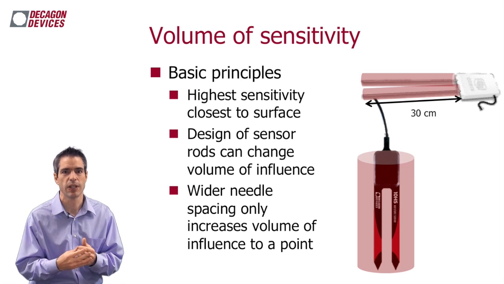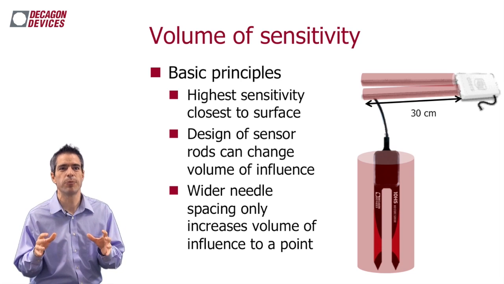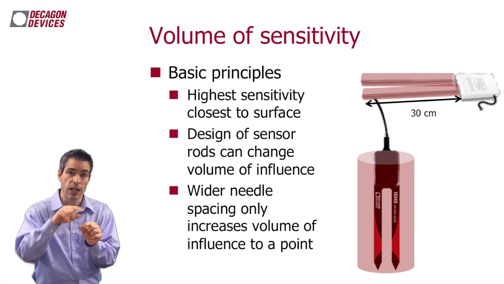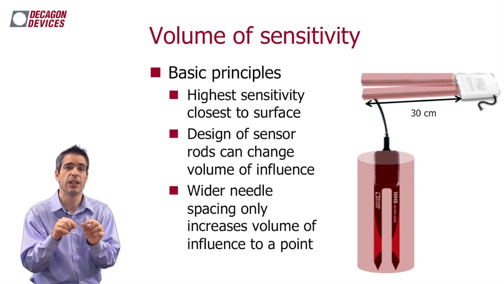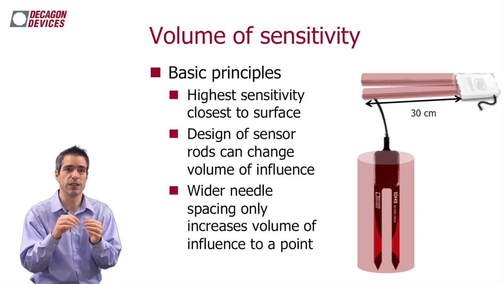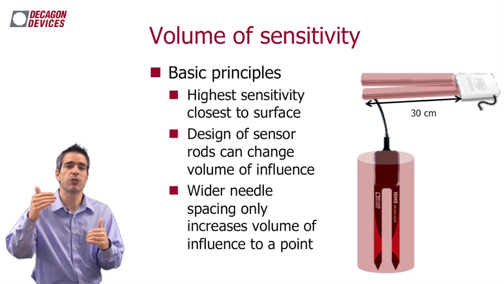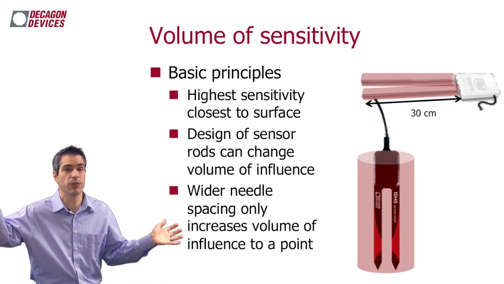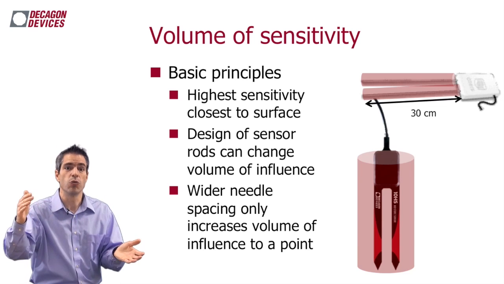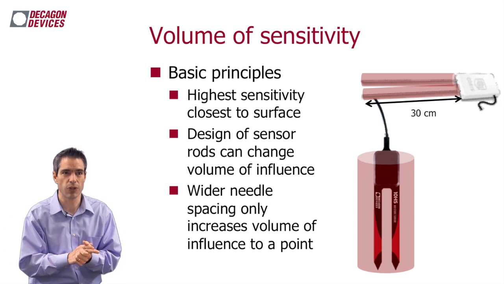Let's make a brief mention of volume of sensitivity of these dielectric sensors before we jump in and talk about the various types. Now, the basic principle behind this is that, just like I showed you with those magnets, the highest sensitivity of these electromagnetic fields that we produce is closest to the surface. That electromagnetic field, although it goes out to theoretically infinity, falls off quickly with the distance from those surfaces.